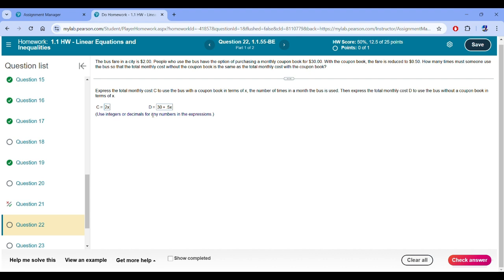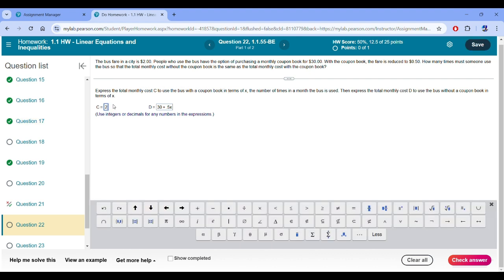Use integers or decimals for any numbers in the expression. $2, $30 for a book. With the coupon book, the fare is reduced. Express the total monthly cost to use the bus with the coupon. Oh, this is the coupons. I'm sorry, I need to switch these.